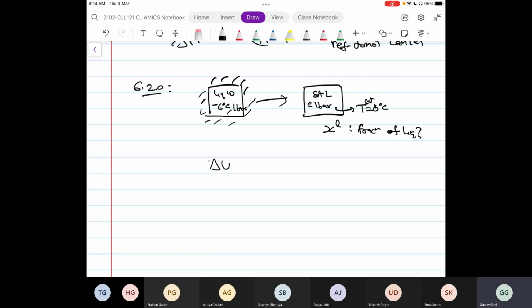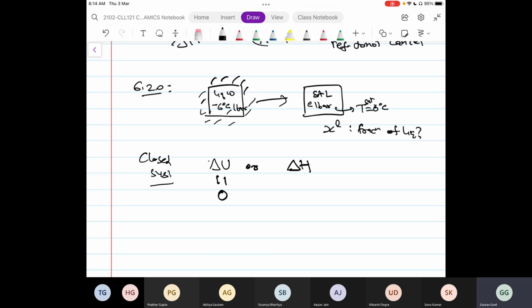You can work either in terms of delta U or delta H. It's a closed system because we are dealing with liquids and solids. They will not be very different from each other. Even though more accurate would be saying this, because it's a closed system process, delta U must be equal to 0.